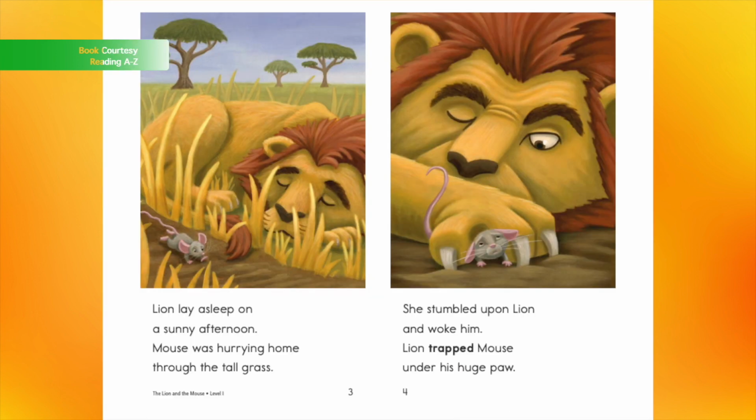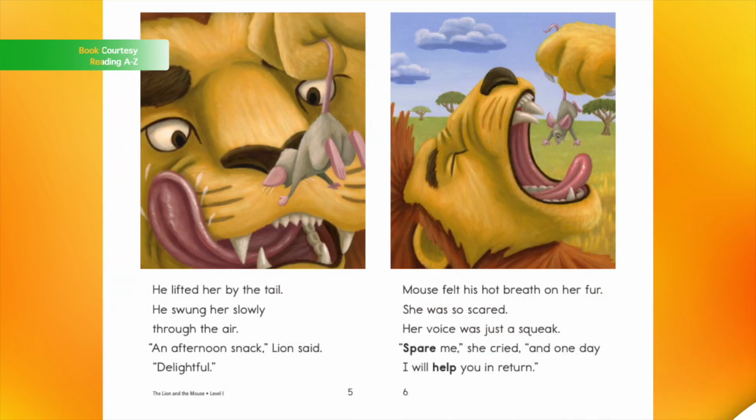Lion lay asleep on a sunny afternoon. Mouse was hurrying home through the tall grass. She stumbled upon Lion and woke him. Lion trapped Mouse under his huge paw. He lifted her by the tail and swung her slowly through the air. An afternoon snack, Lion said. Delightful. Mouse felt his hot breath on her fur. She was so scared. Her voice was just a squeak.